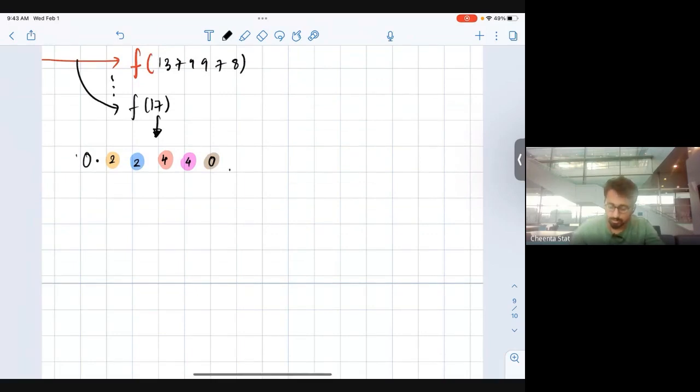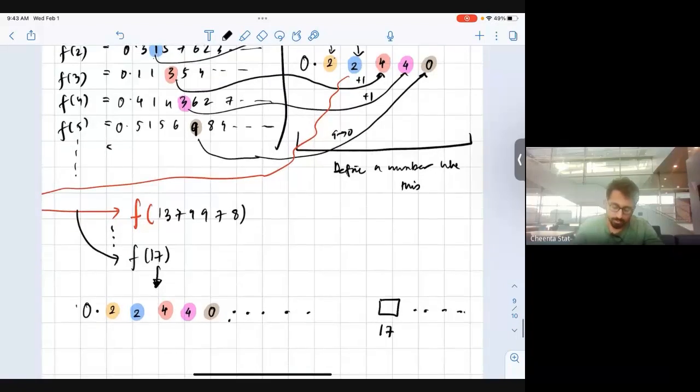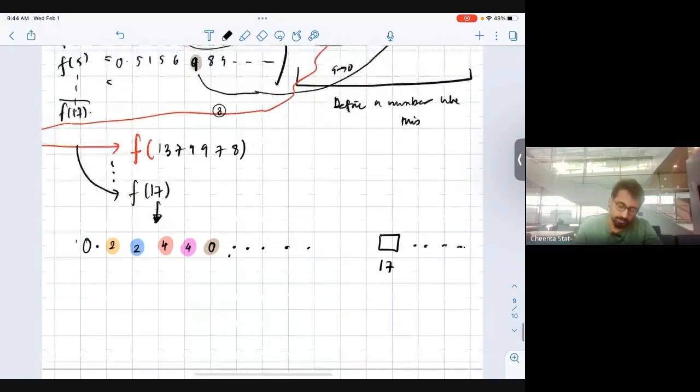That means if it continues like this, at the 17th position, what will happen? We're taking f of 17 and we are changing the 17th decimal digit to plus 1. Let's say the 17th decimal digit is 3. Now understand, this f of 17 is this number only, right?